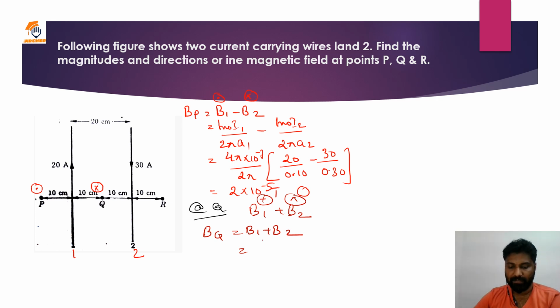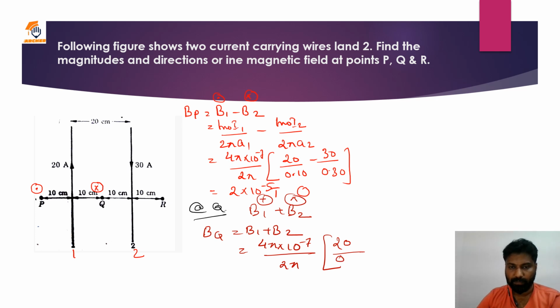We will get 4π into 10 raised to minus 7 divided by 2π into, here again current will be 20 divided by, what is the distance here? It is 10 centimeter.